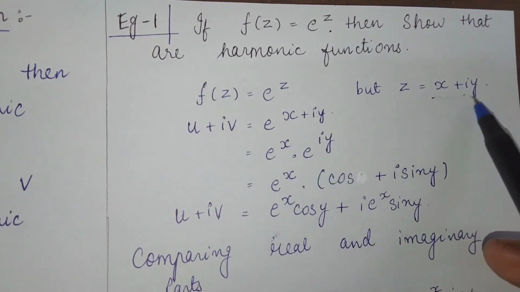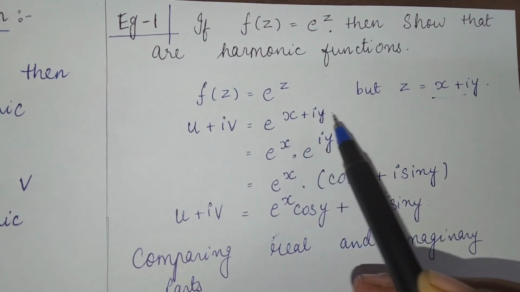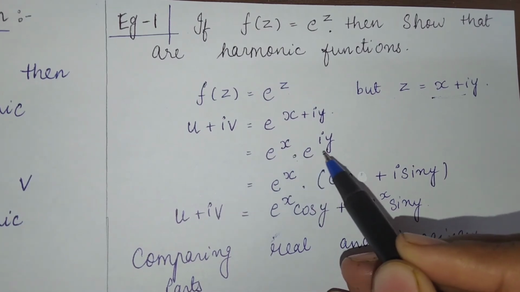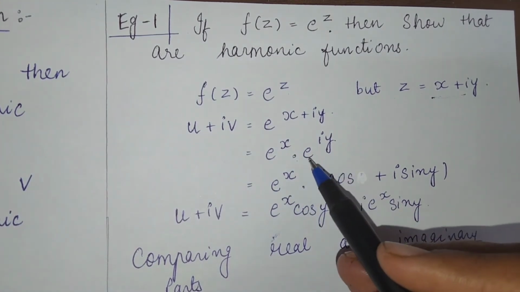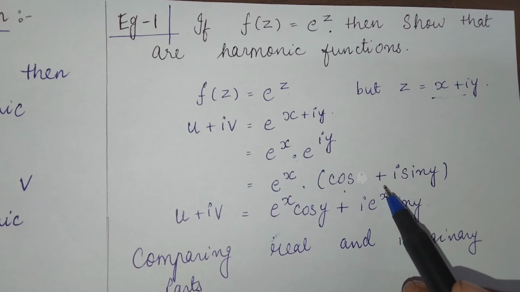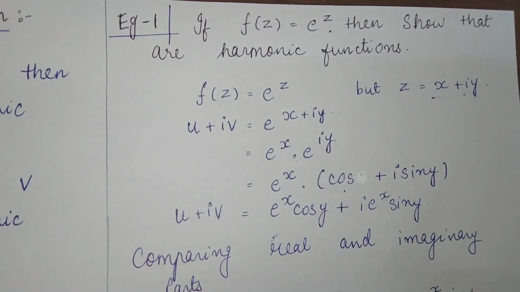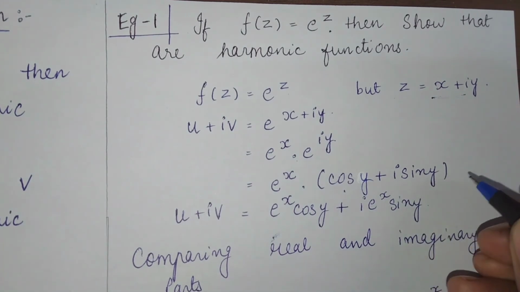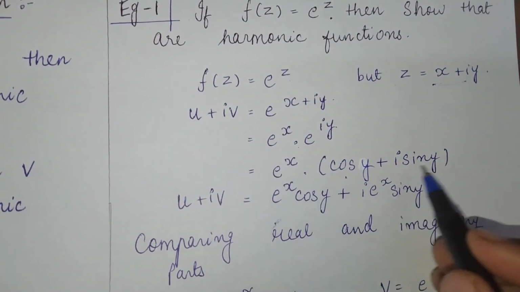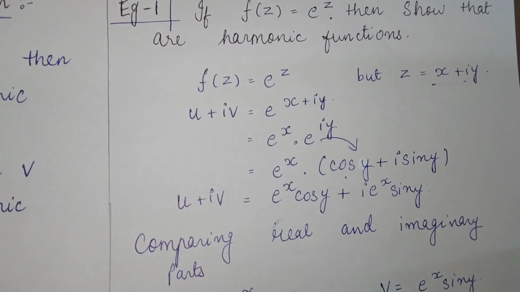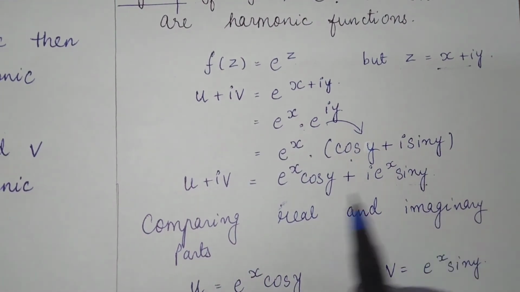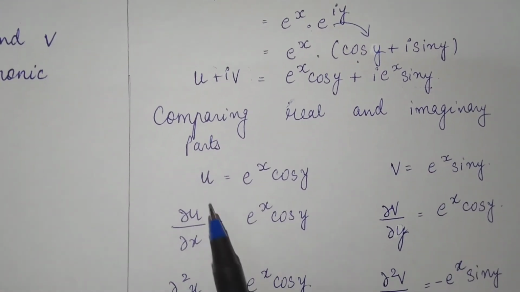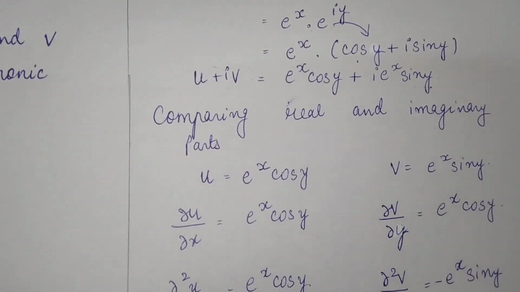So here in place of z we put the value, and we can write e raised to x into e raised to iy. But e raised to i theta is cos theta plus i sin theta, so e raised to x into cos y plus i sin y. From this we will get the real part and the imaginary part.